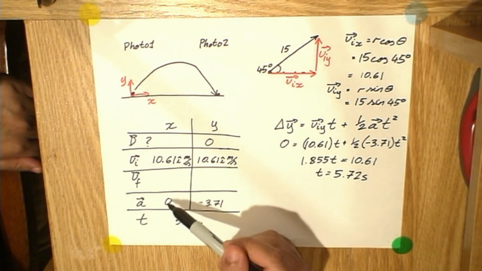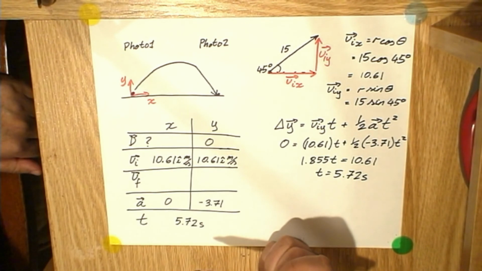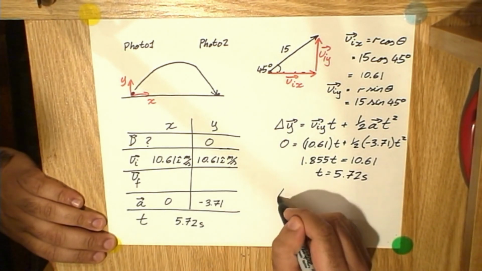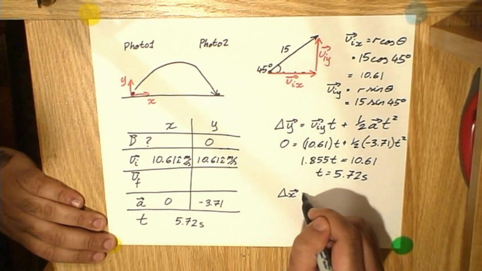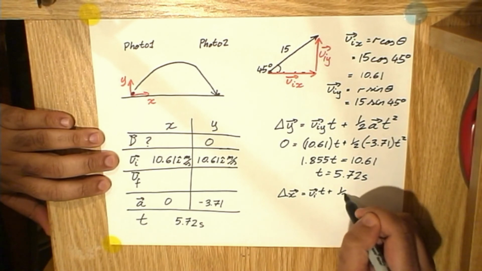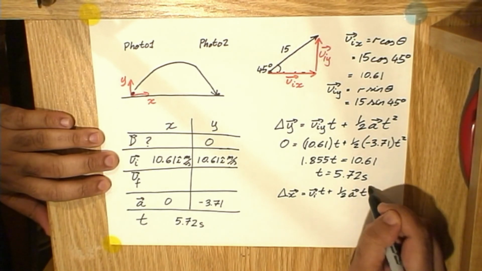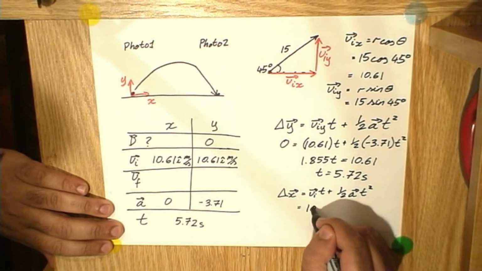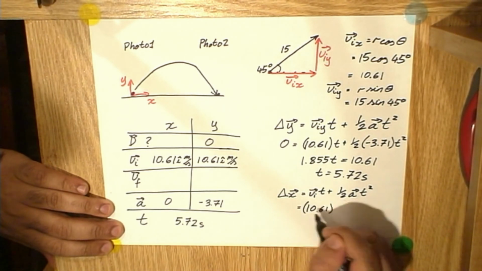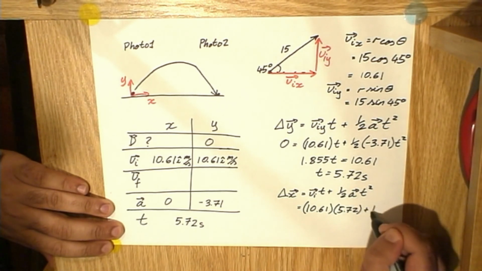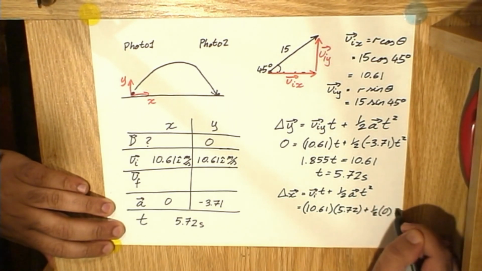Now we have 3 pieces of information in x, and we can easily solve for the displacement using the same equation. Delta x is equal to v initial times t plus 1/2 a t squared. So that's equal to v initial, 10.61, times t, 5.72, plus half acceleration, 0, times t squared.